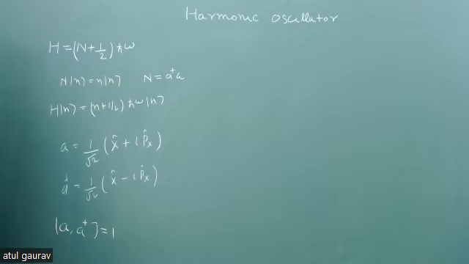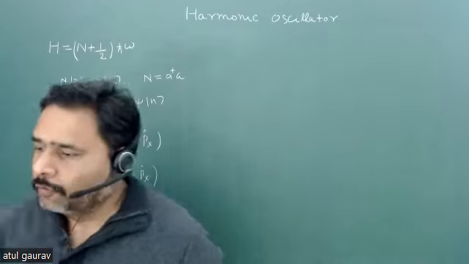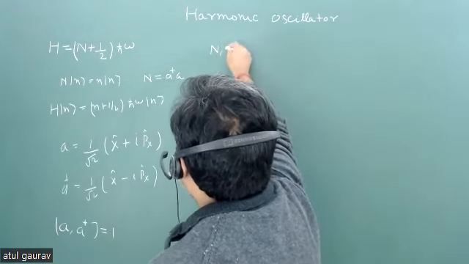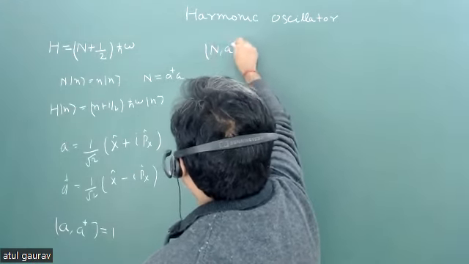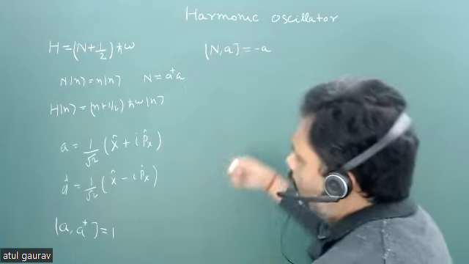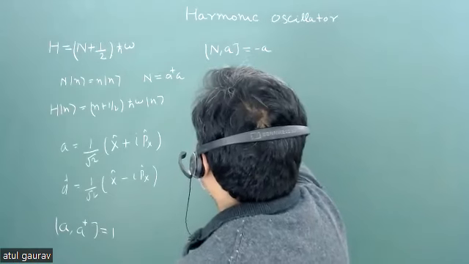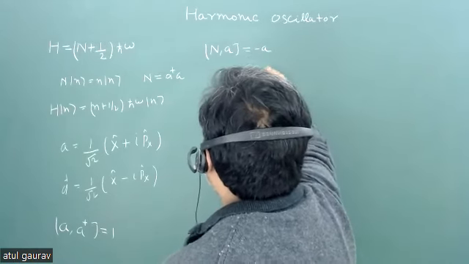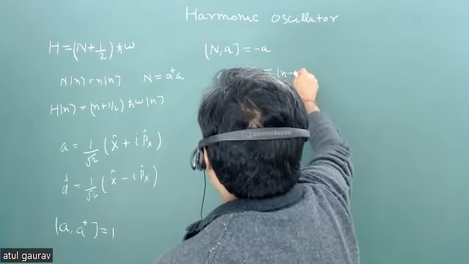And similarly, [n, A] is nothing but minus A, and we also discussed that A operating on |n> will give us root n |n minus 1>.